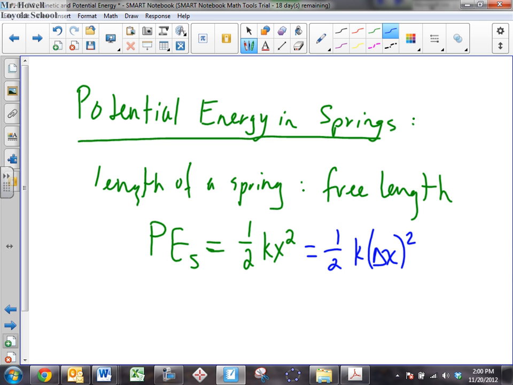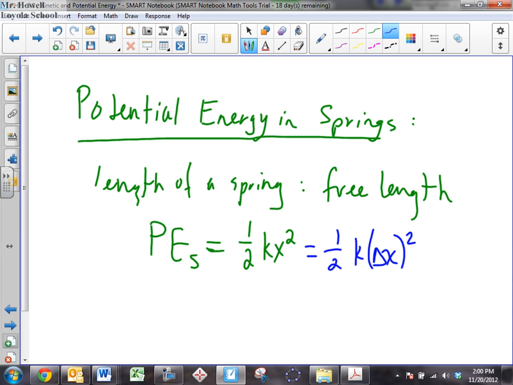Now, as Saj said, it depends on the spring. It depends on the length of the spring, the cross-sectional area, the thickness of the coils, the number of coils, and the material also. So there's all these different things. Now, the spring itself is going to have a stiffness value that will be given to you. It's not going to be something you're going to have to calculate.